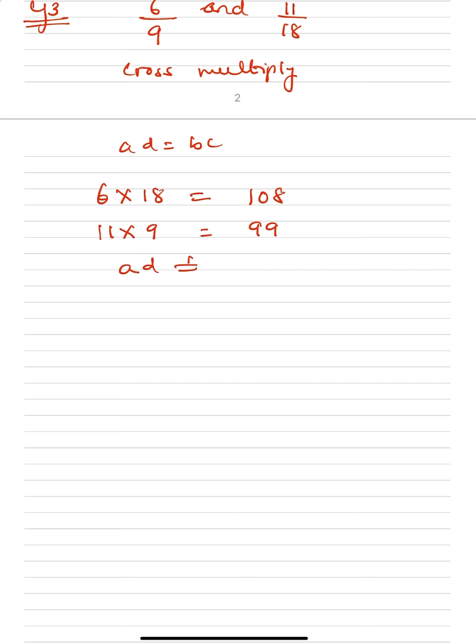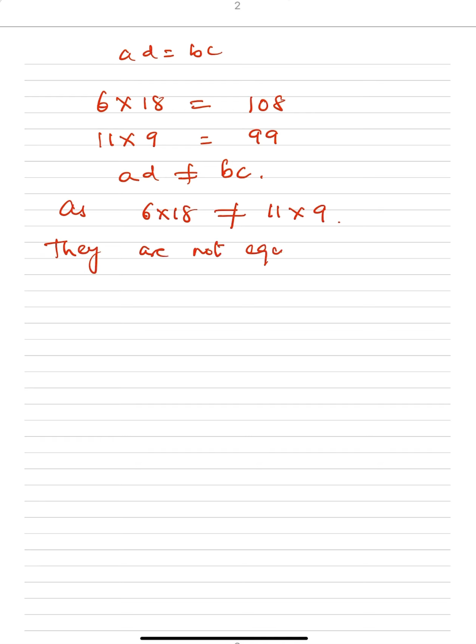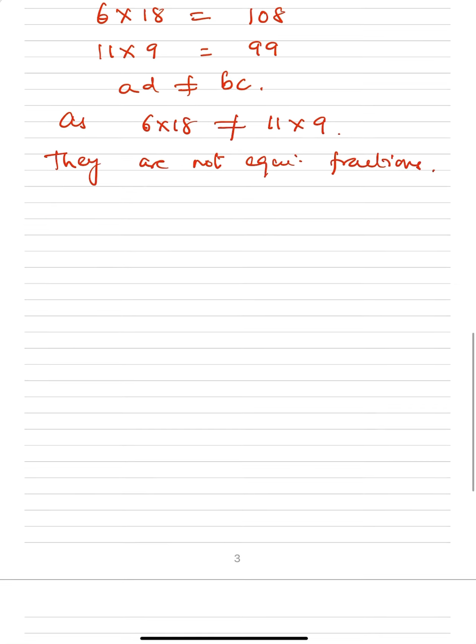Here AD is not equal to BC. That means these two fractions are not equivalent fractions, as the cross products are not equal.